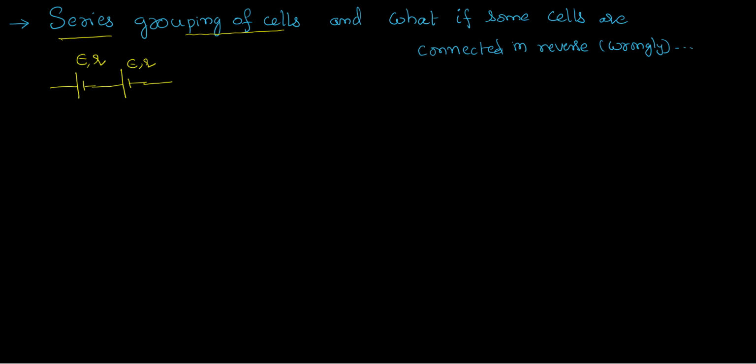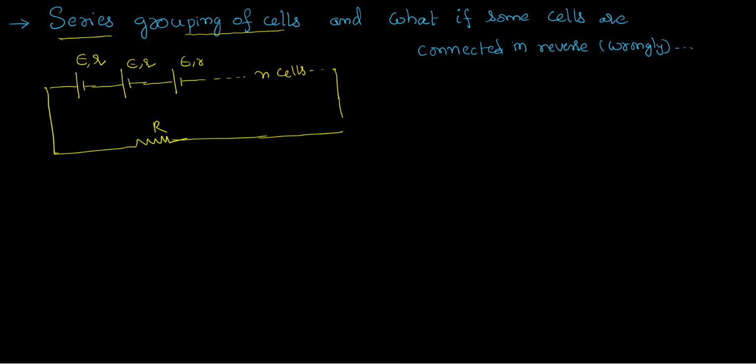So let's assume there are so many cells, say n cells connected in series. They are all connected to an external resistance, capital R. What is the current in the circuit is my first point I would like to discuss.